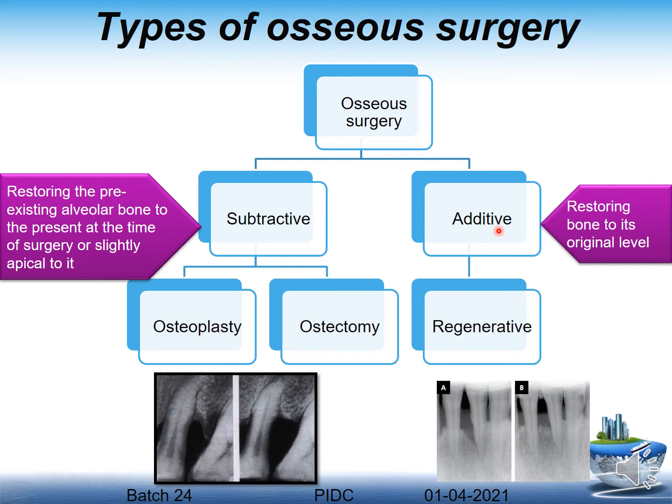So this is an additive procedure, that is restoring bone to its original level, whereas restoring pre-existing alveolar bone to the level present at the time of the surgery or slightly apical to it is a subtractive procedure. Subtractive procedure is of two types. It could be either an osteoplasty where you are just reshaping the bone, or an osteectomy where you are cutting away the bone. Whereas additive is just regenerative where you are adding some bone graft materials.